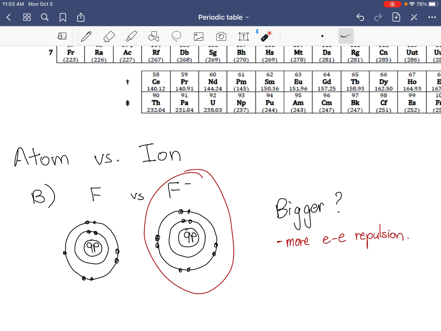So in this case, because there's more electron repulsion, anions are bigger than their respective atom. Anions are bigger than atoms.